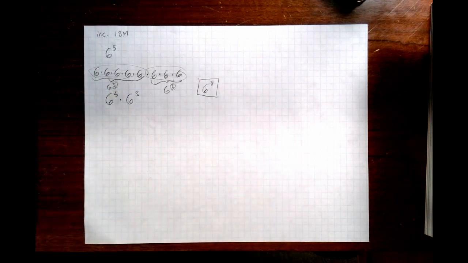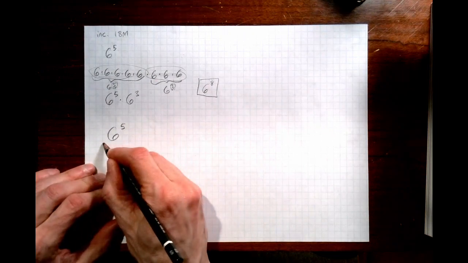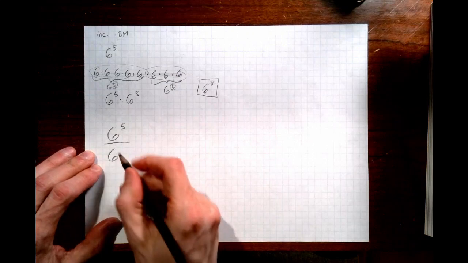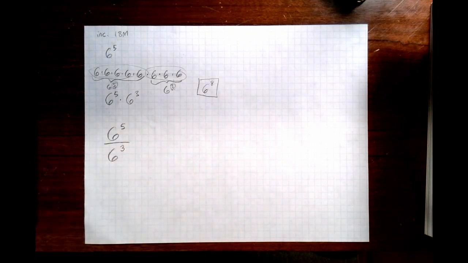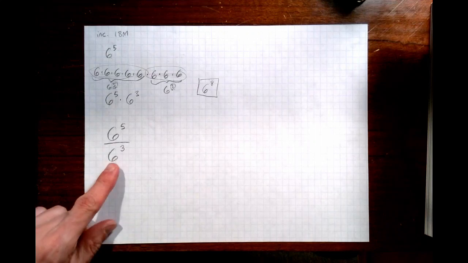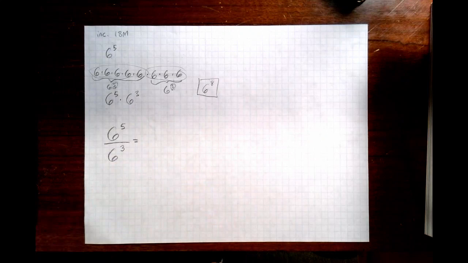Let's move on to division. I always like to do maths not remembering rules, just understanding what I'm doing. So here we're going to play the same game, even though you might already know the rule.